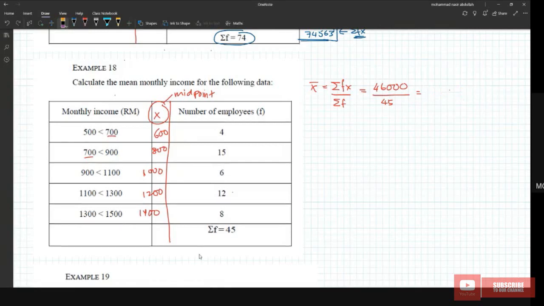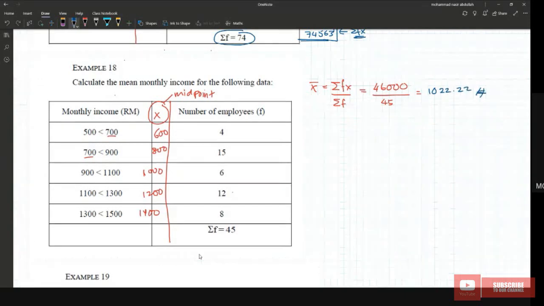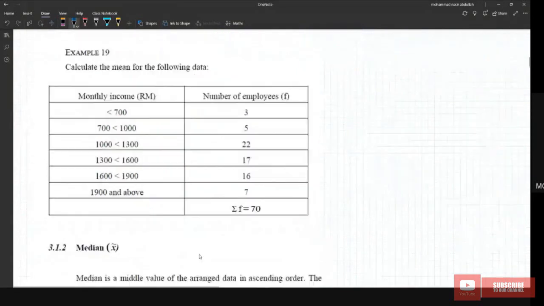Yep, correct. So I can see that you really understand how to get the mean from the calculator, right? Okay, good. So can we move on to the next example?